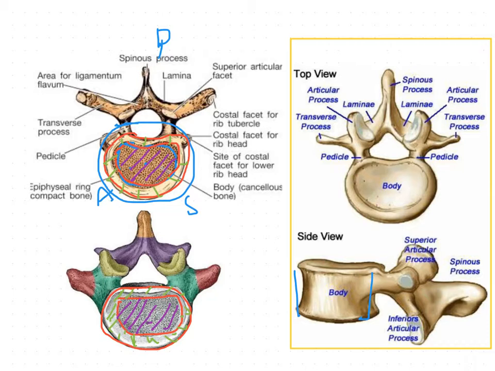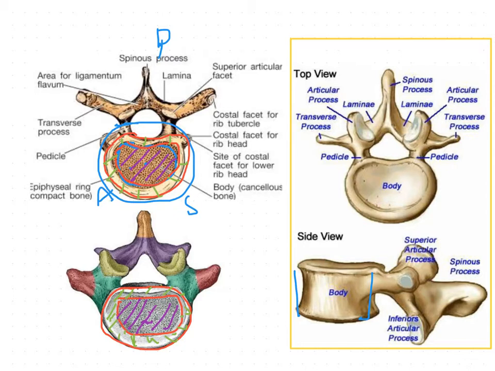But nowadays this vertebral end plate is discussed under the structure of the intervertebral discs. Why? Because this end plate is only loosely attached to the vertebral body, whereas the same hyaline cartilage is attached firmly to the intervertebral disc.